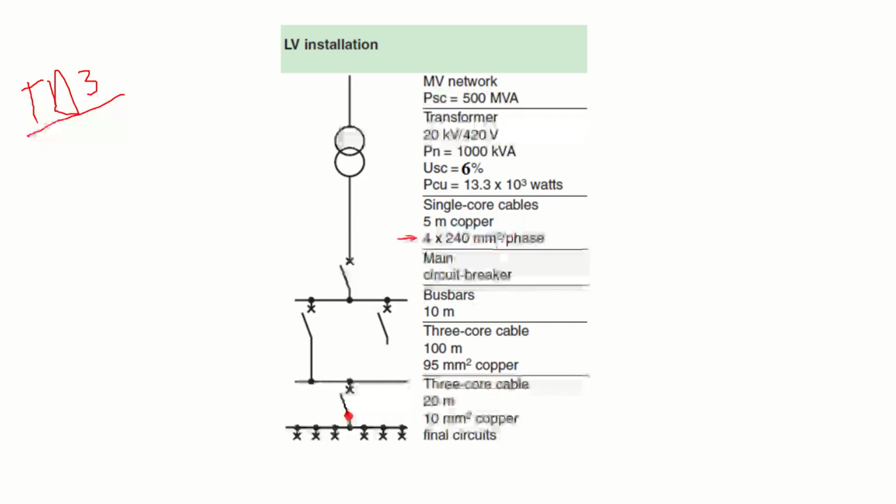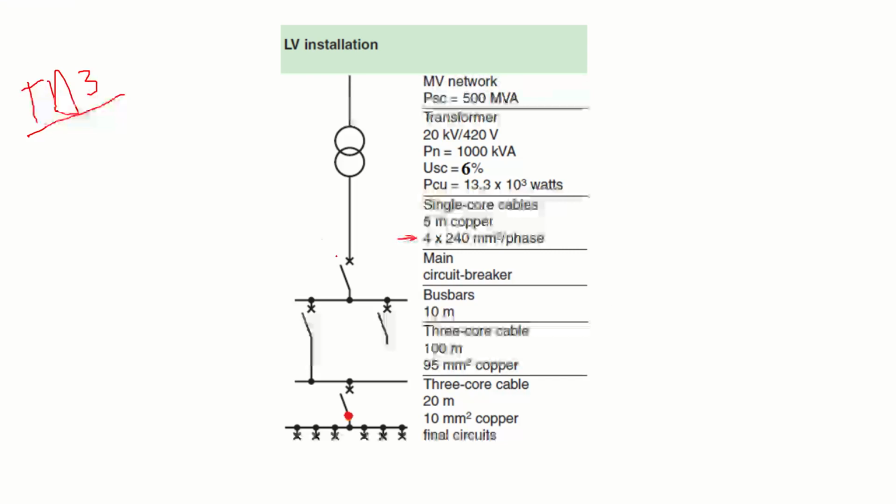It means that each phase is made of 4 conductors, so in total for the 3 phases we have 4 times 3, which means 12 conductors. This means that the value of the resistance will be divided by 4 because we have 4 conductors in parallel. However, the value of the impedance will not change. It will not be divided by 4.